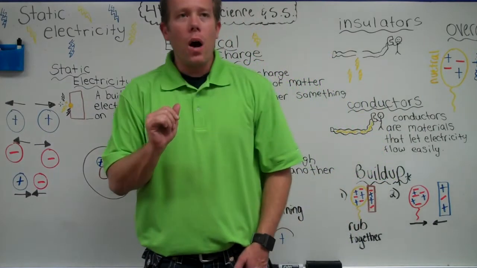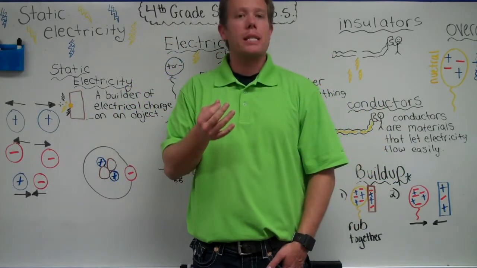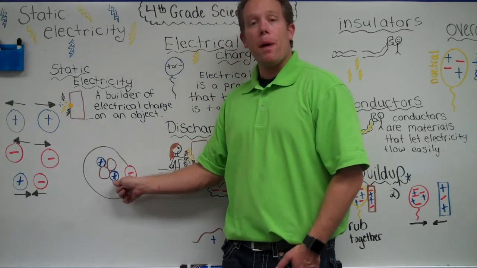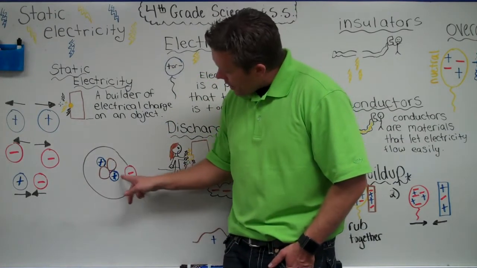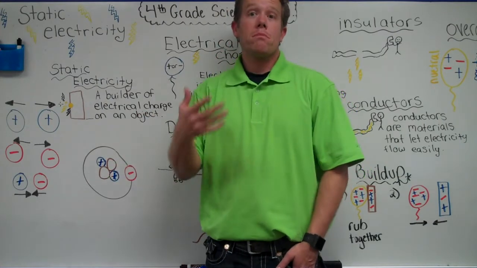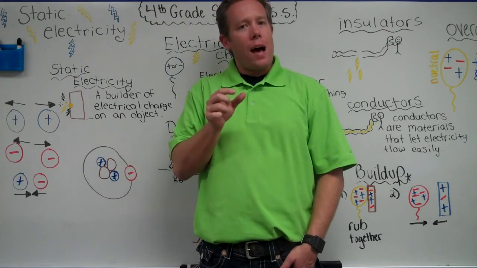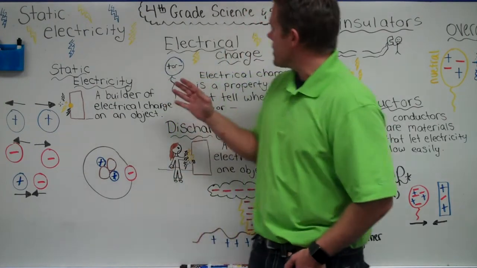Now, because matter, anything that has mass and takes up space, is made up of atoms, and atoms are made up of positive and negative particles, matter is going to have an electrical charge to it.